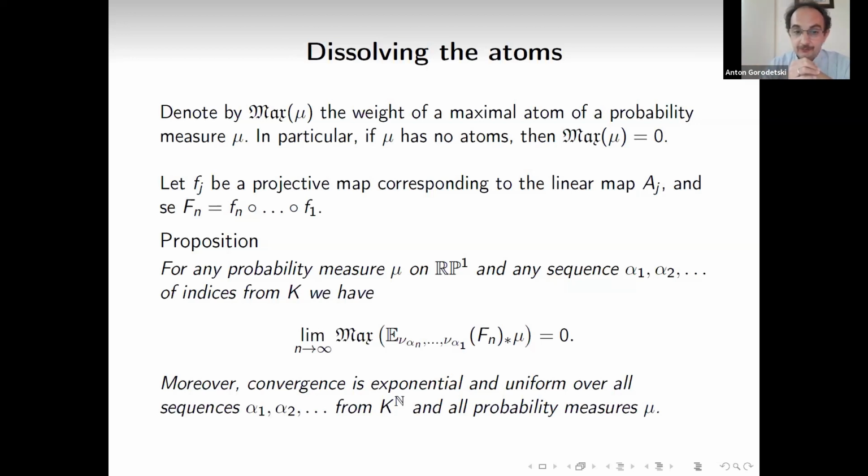Nevertheless, one can prove that the maximal atom under this procedure is going to have a weight that becomes smaller and smaller, the limit will be equal to 0, and the convergence is going to be exponential and uniform over all the choices of distributions in the space of SL2R matrices. And that is an analog of the fact that in the usual case the stationary measure does not have any atoms. All right.